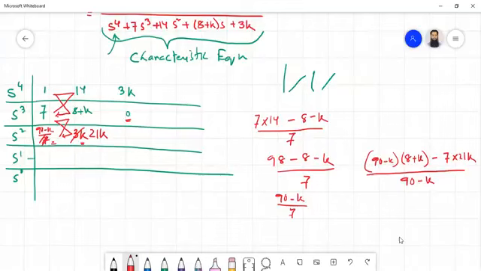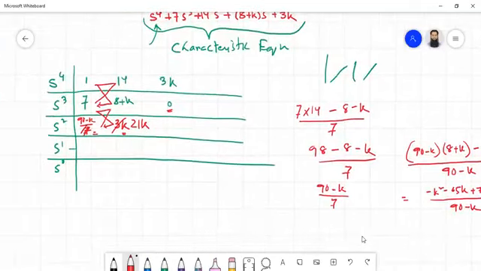If we simplify it, multiply and simplify, then what you are going to get is minus k square minus 65k plus 720, divided by 90 minus k.